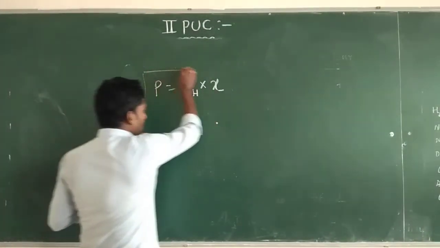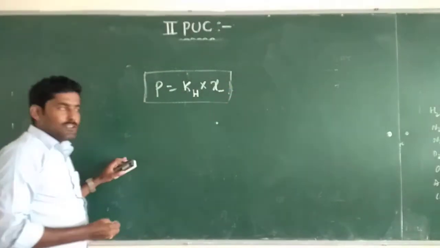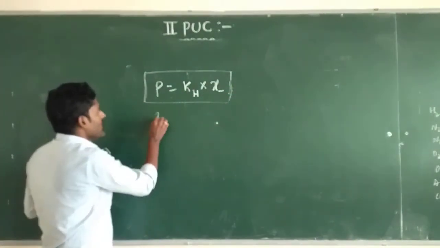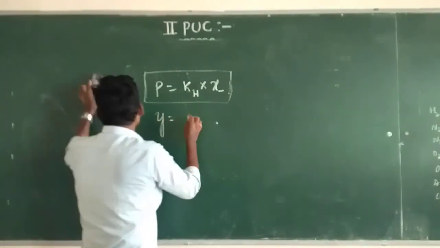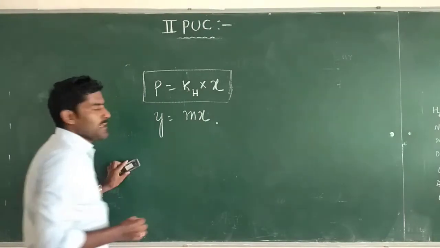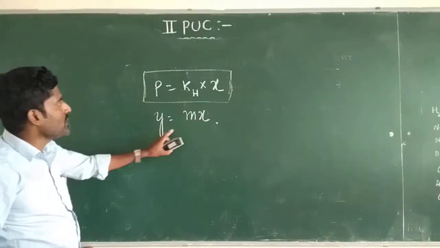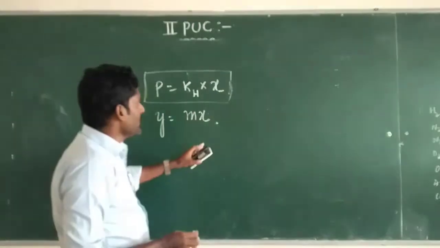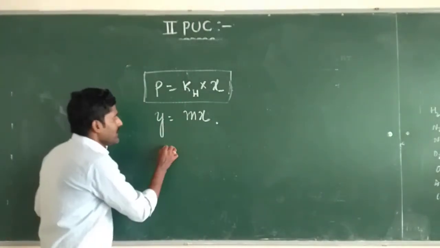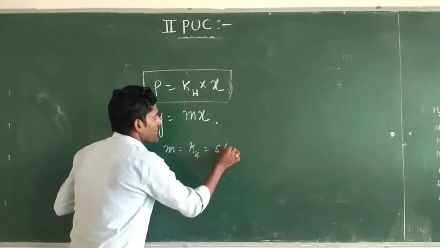So this is according to Henry's law. This is in the form of y is equal to mx, the equation for a straight line. Here m is nothing but KH, that is the slope.